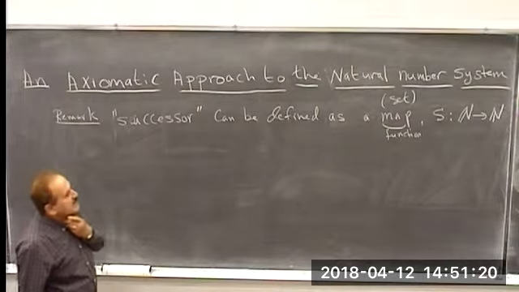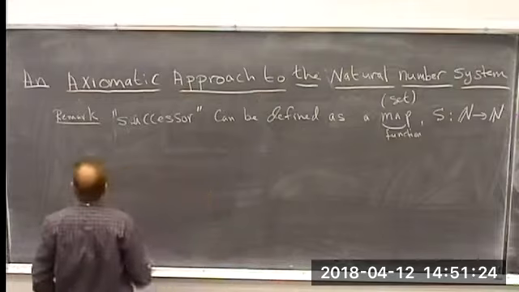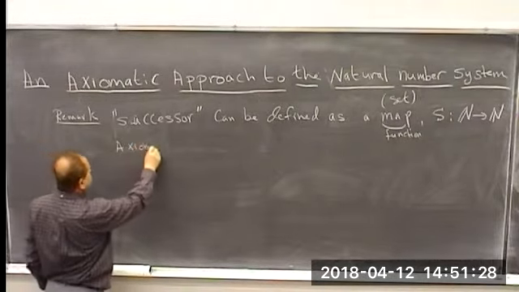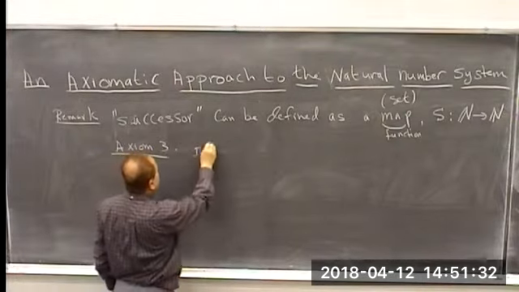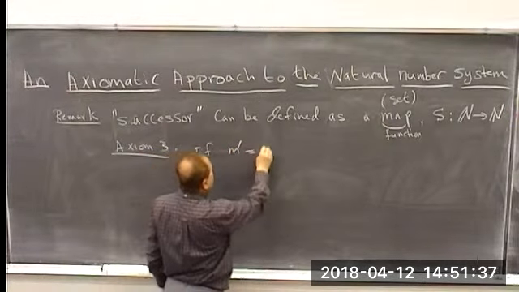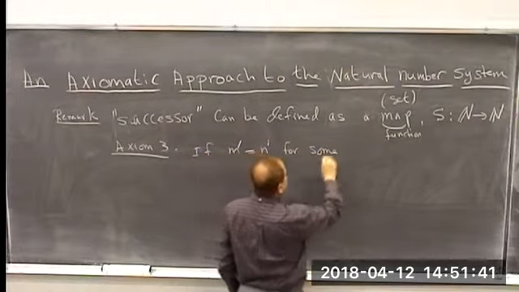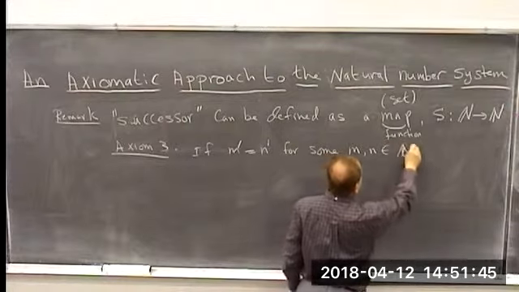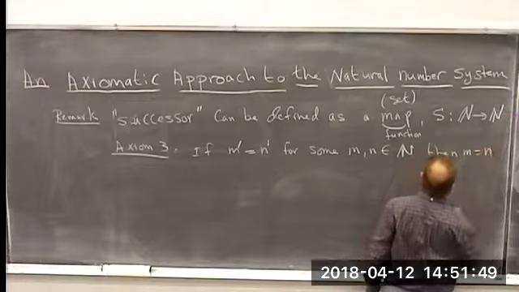Now, the property which is axiom 3, remember this says that if m prime is equal to n prime for some m and n in N, then m is equal to n.